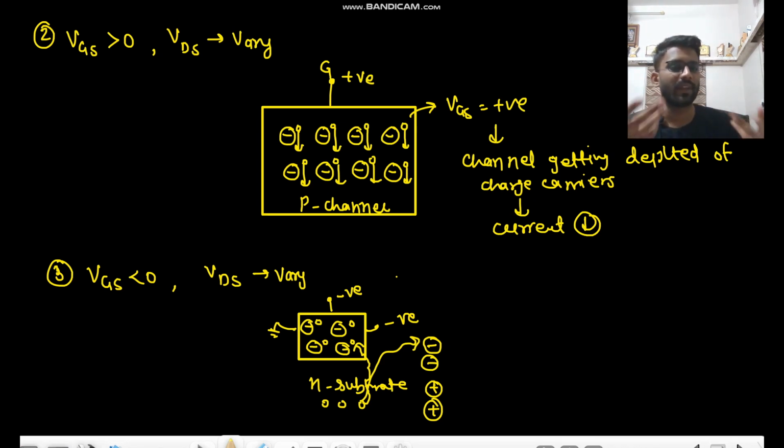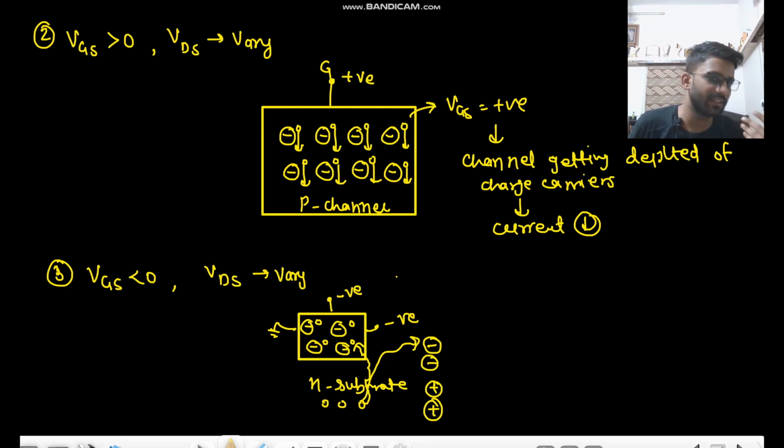So apparently our charge carriers are getting increased in the channel. The channel is getting accumulated, or enhanced, with charge carriers.